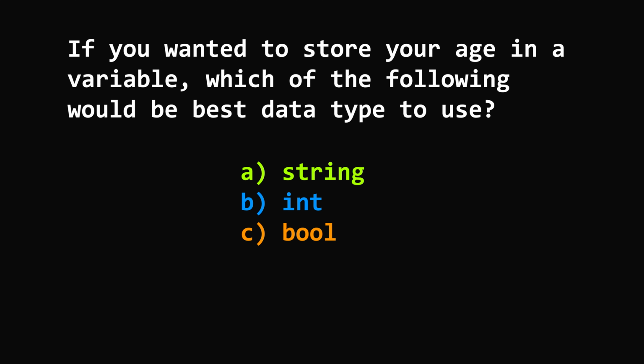B. Int. C. Bool. Take a moment to think about it. The answer is B. Int. Because int is used to store whole numbers like your age. Great job if you got it right. If not, no worries. Just keep practicing and it'll all make sense soon.